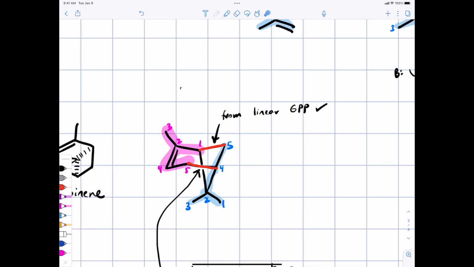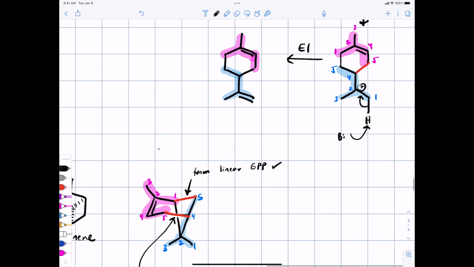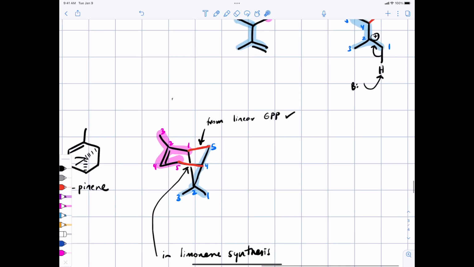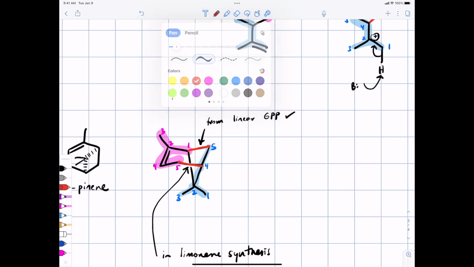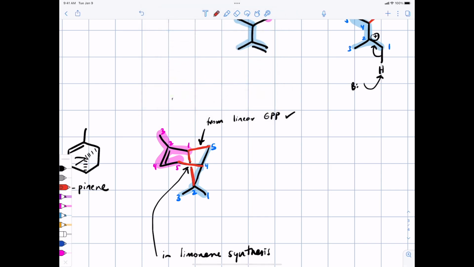The other bond that's not present in this carbocation is the bond between pink carbon 1, or it's this bond here, I guess, between carbon 2 of the blue and, excuse me, carbon 1 of the pink.